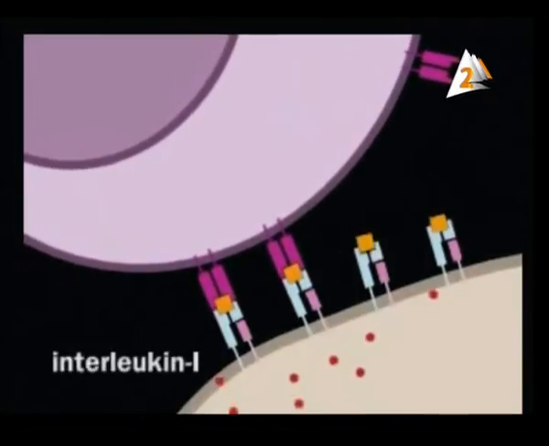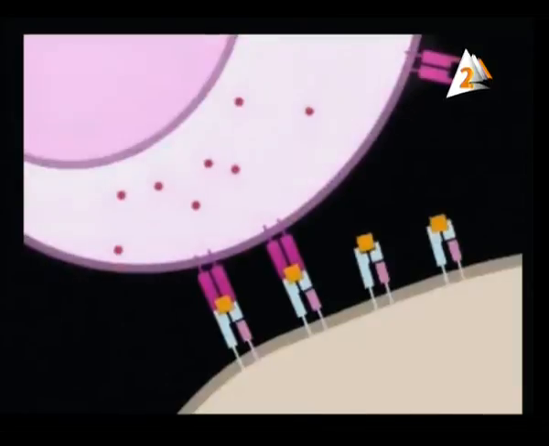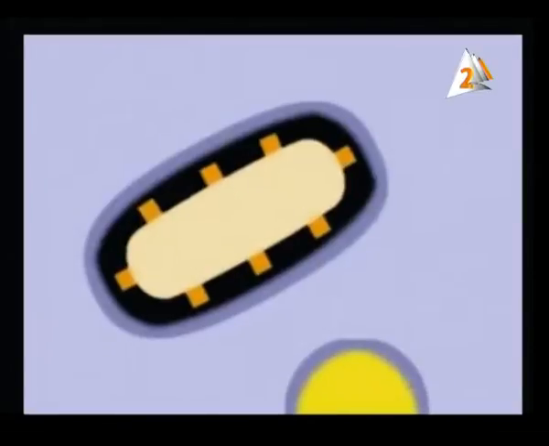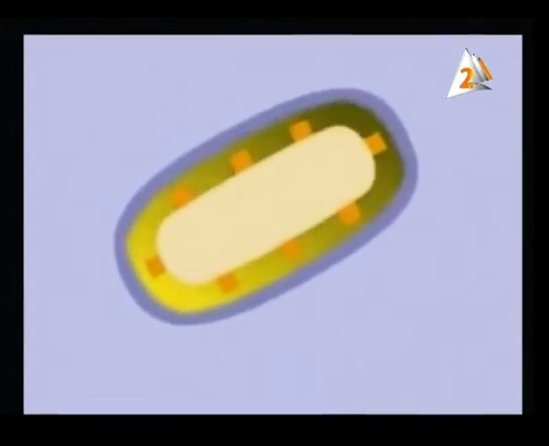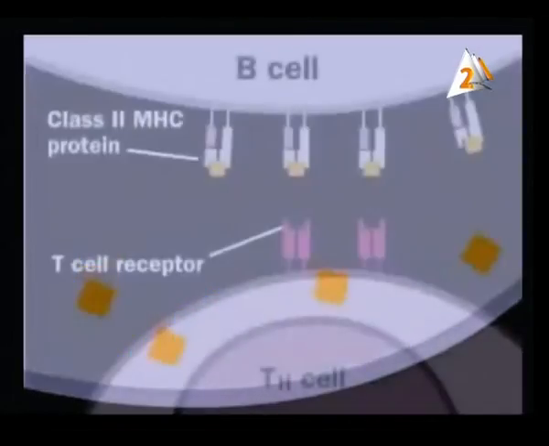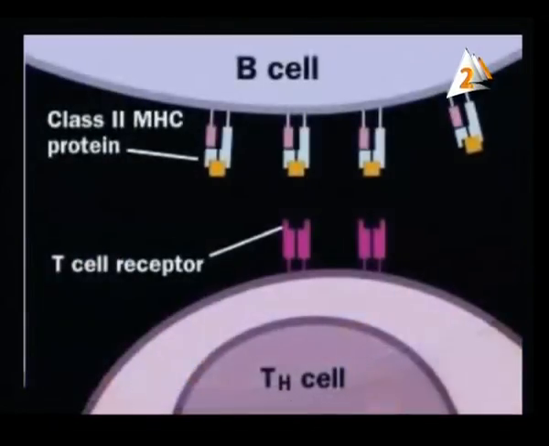The active TH, or T helper lymphocyte, releases interleukins that will activate the B cells. So the interleukins here, this type of protein, will activate the B cells carrying on their surface the antigen bound to the MHC2.